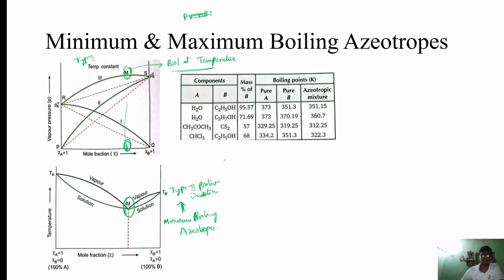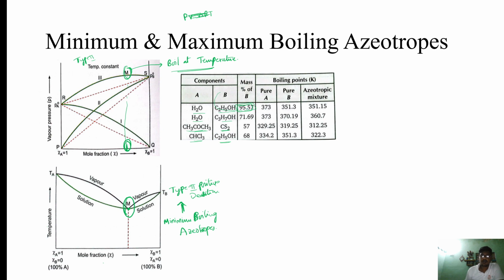The examples are here, like water and alcohol, acetone and CS2, and chloroform and alcohol, and the composition is given here. See, this is the mass percentage of B, 95.5. So 95.5 of B means how much A will be?